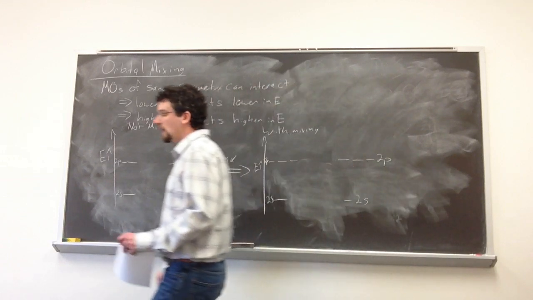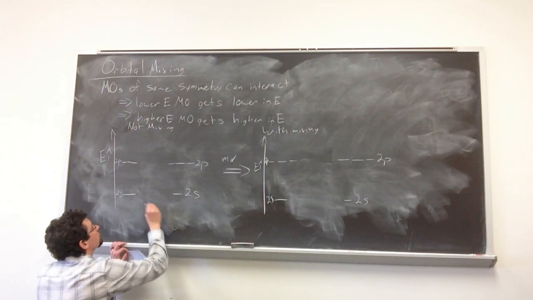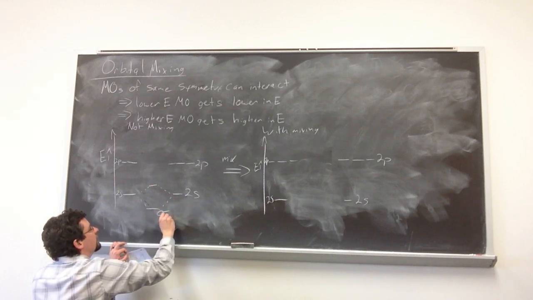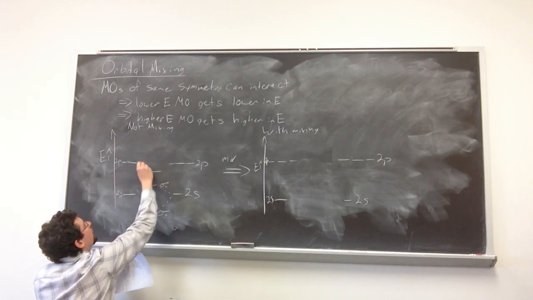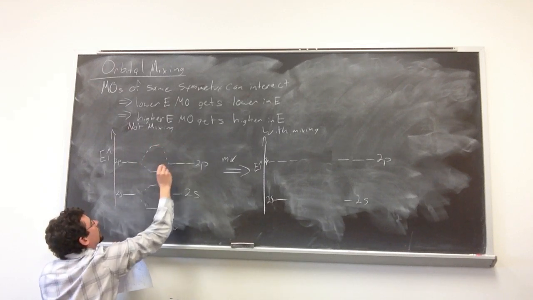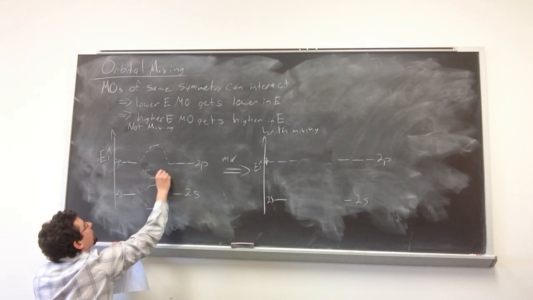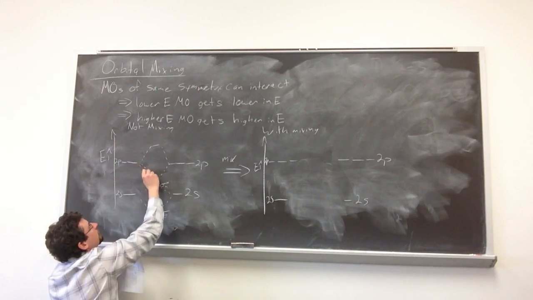Okay. So in our general case, what would end up happening? We get a sigma G, sigma U star. The p orbitals overlap, and it's going to look very similar to that of the last MO diagram that we drew.